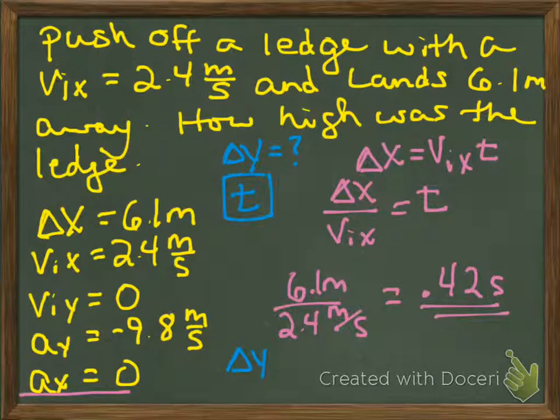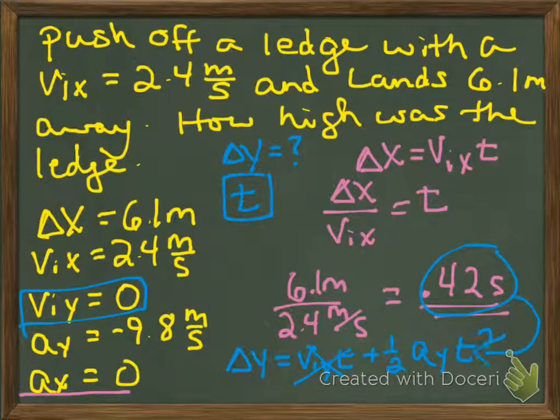Delta Y equals VIYT, which goes away because VIY is 0, plus 1/2 AYT squared. This time we have T, plug it in there. AY we know, negative 9.81.